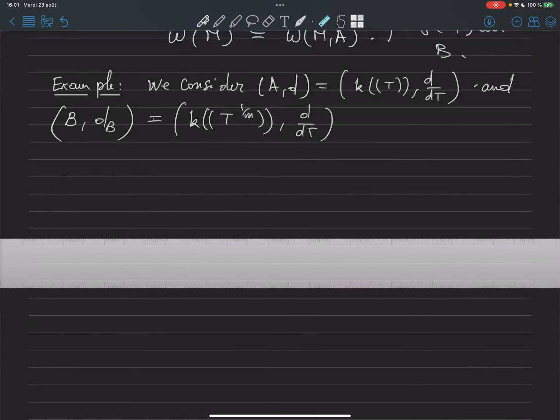And this derivative extends this one because it's just a subfield.